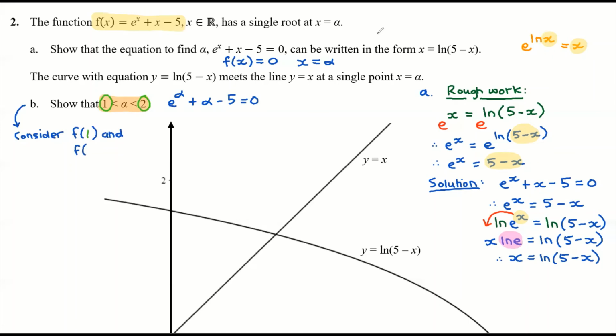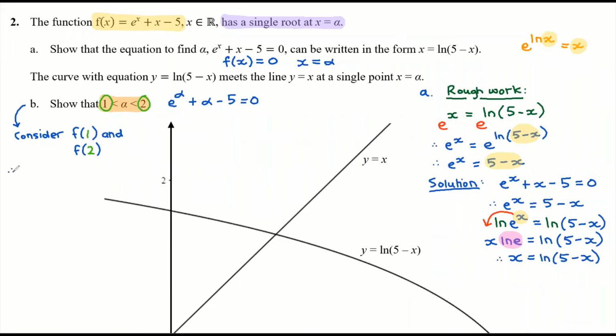So you might be thinking, well, hang on, how do you know this is the correct root? Well, we use the information provided in the question, don't we? We know it's the correct root because in the question it says that this function has a single root. It's the only root. So we know this is where alpha lives. So we know there's a root if there is a change of sign between f of 1 and f of 2. Okay, so we plug everything in.